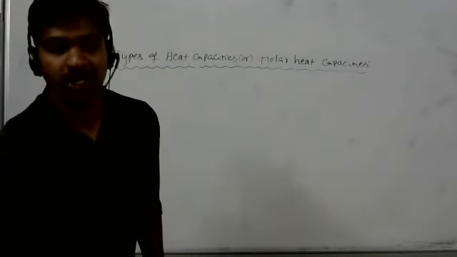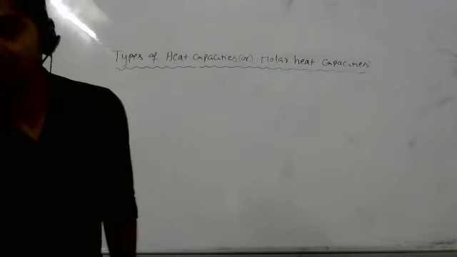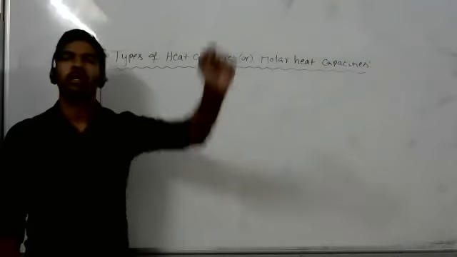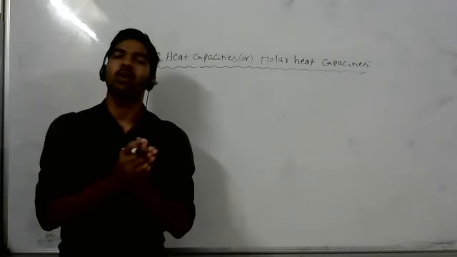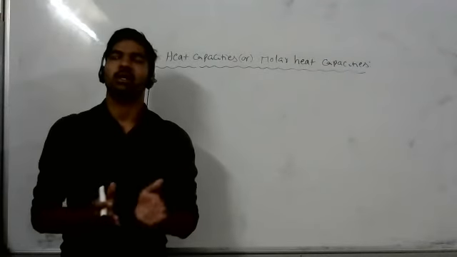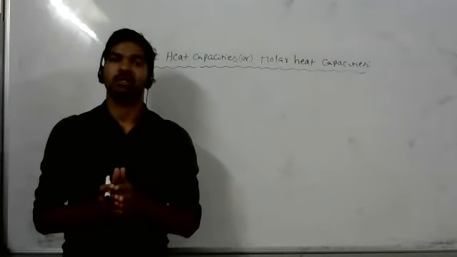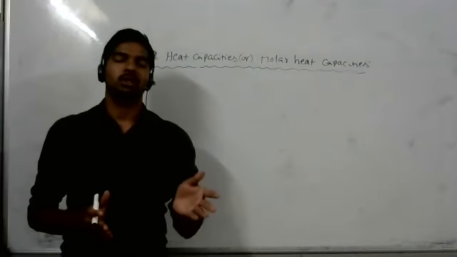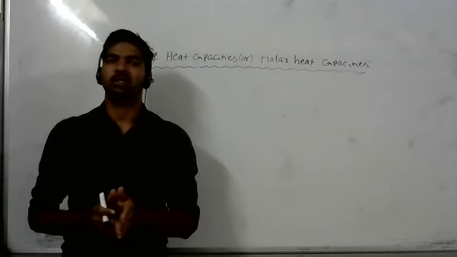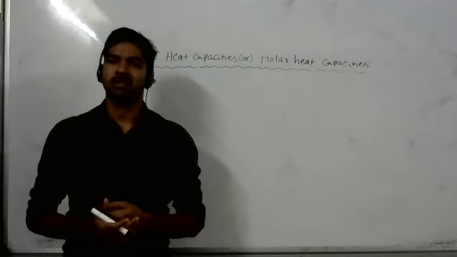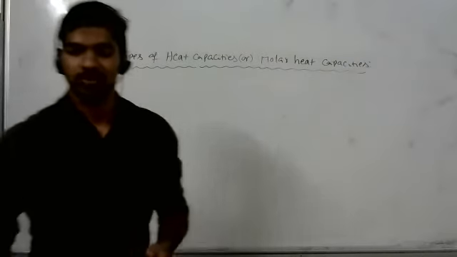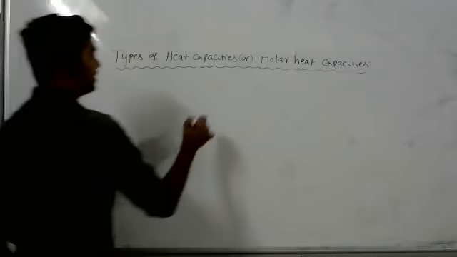Heat or heat capacity comes under path functions. So this heat capacity we can calculate in two ways. One is by keeping the volume of the system constant, and we call that heat capacity at constant volume. The other is by keeping the pressure of the system constant and then calculating heat capacity. That is heat capacity at constant pressure.